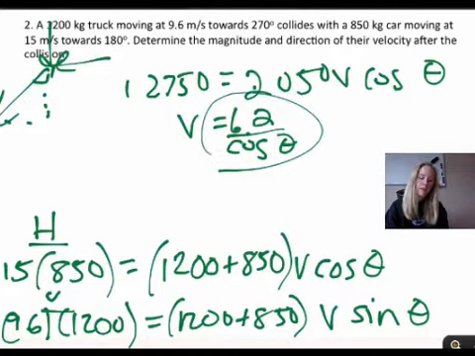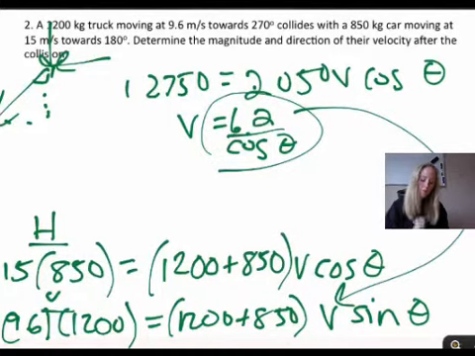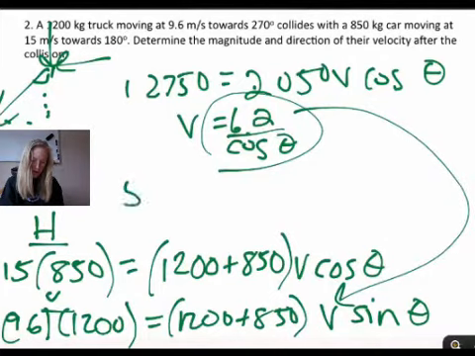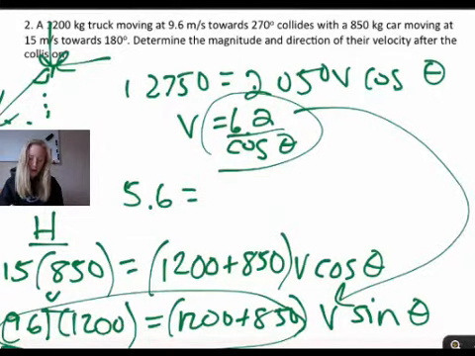And we're going to plug that in for v in the second equation, which we have 5.6 equals, that's what all of this is equal to. So I just moved everything to the left side, all the numbers.